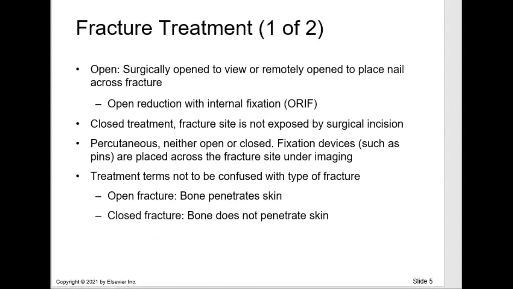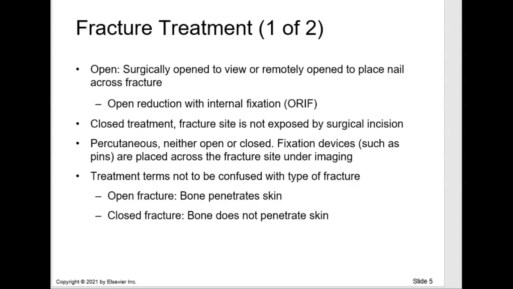Okay, let's move on. Fracture treatment. Open. What does this mean? Surgically open to view, or remotely open to place a nail across the fracture. So you will see the wording open reduction internal fixation.